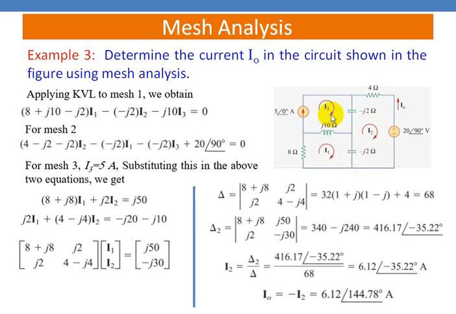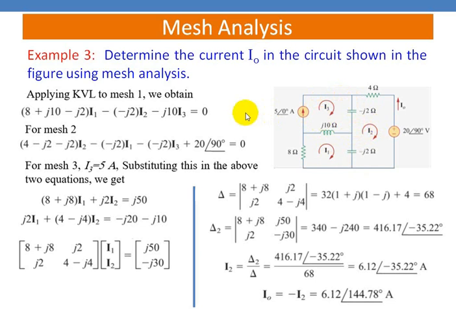And coming here, this element J10 is common between the first mesh and the third mesh. Here I1 is flowing from left to right, I3 is flowing from right to left. So again the current direction is opposite. Coming to this element minus J2, it is common between mesh 2 and mesh 3. Again, I3 is flowing from top to bottom, I2 is flowing from bottom to top. The current directions are opposite.